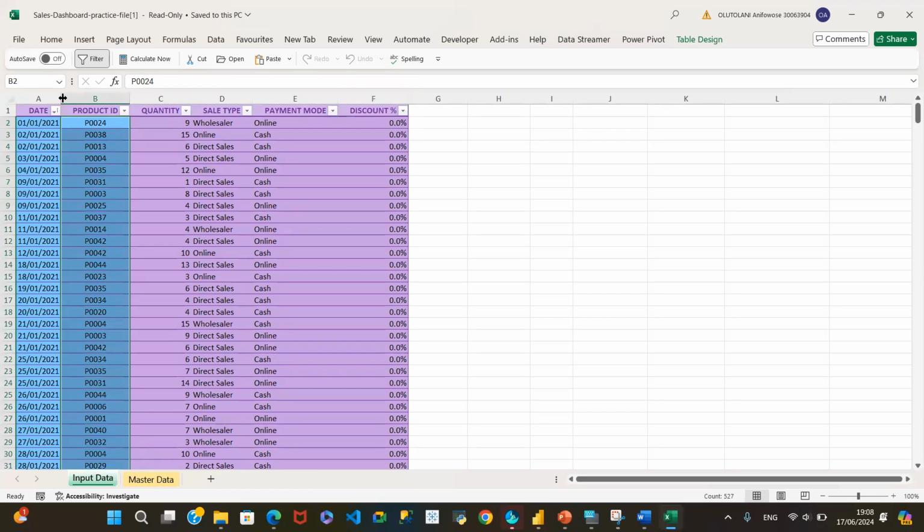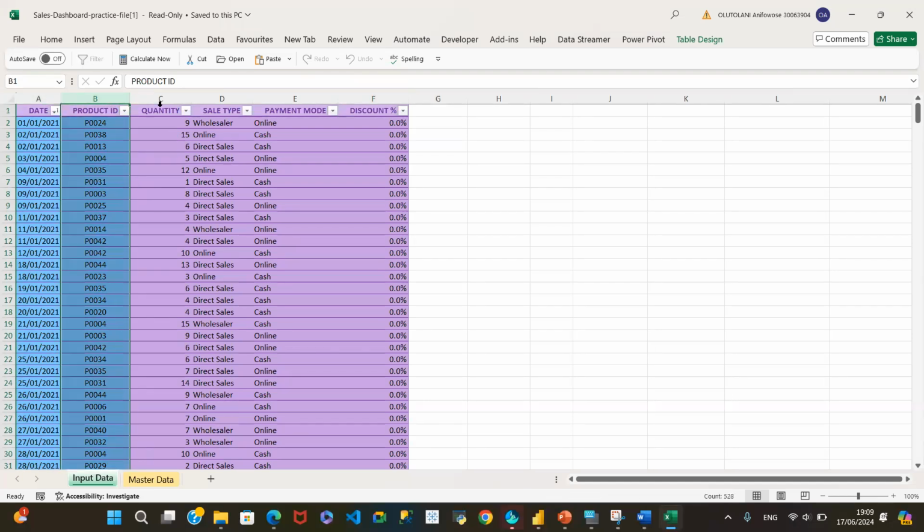That's a good attempt. Thank you very much for the attempt. So when we talk tables, you see, the whole of this input data is a table. The input data, which is the tab you see where my cursor is, the whole of this is actually a table. And within that table, we have columns.